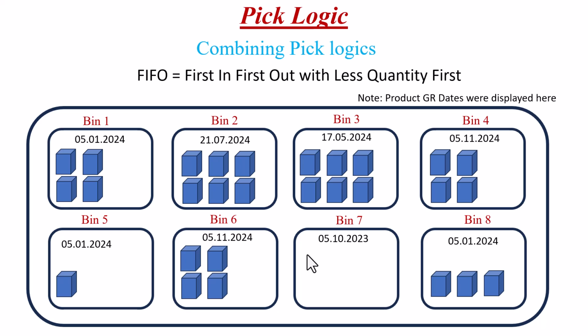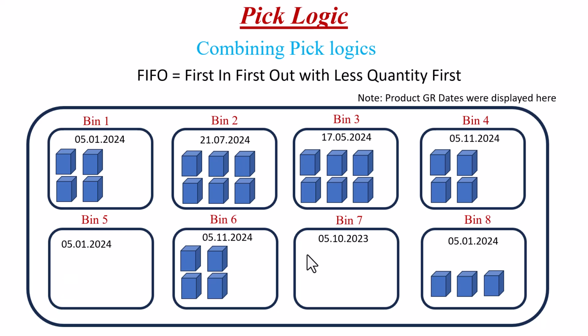But here we can see three bins with the same date: bin 1, bin 5, and bin 8. So from where does the system have to pick? As we have configured, the system will pick from the bin where there is less quantity. Obviously it is the fifth bin. So by combining this logic, the system will pick the next product from the fifth bin. This is the logic.